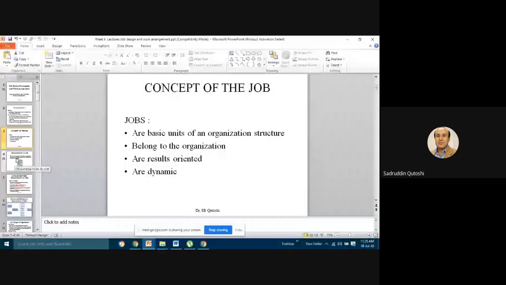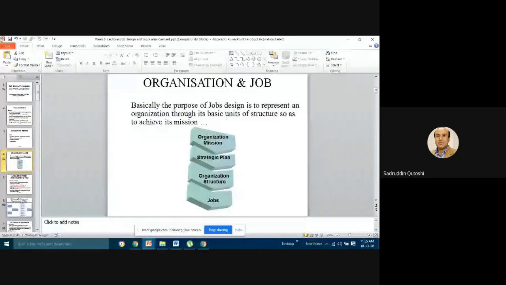Let's look at this one, organization and jobs. Basically, the purpose of job design is to present an organization through its basic units of structure so as to achieve its mission. This means that your organization has a mission, and to achieve that mission, that organization needs to present itself in the form of jobs with human resources in that organization.